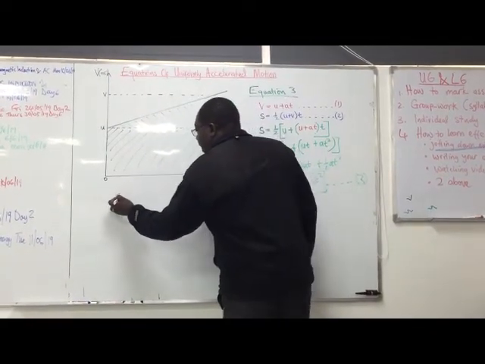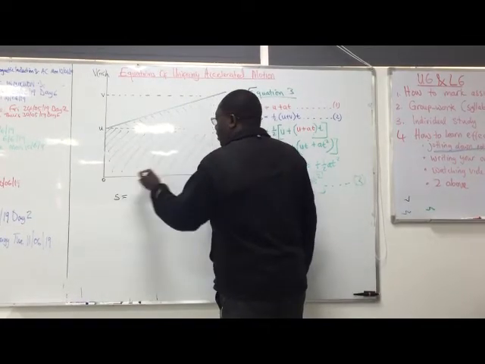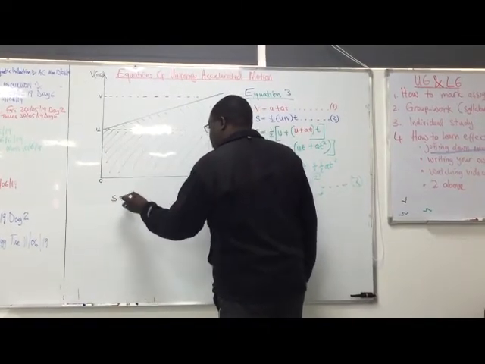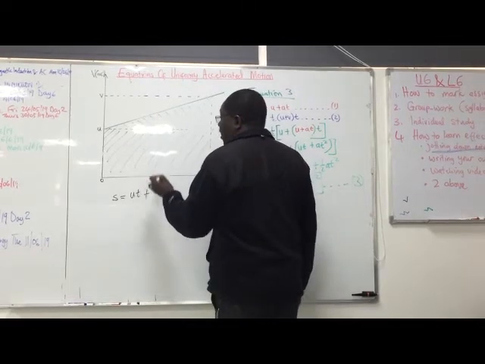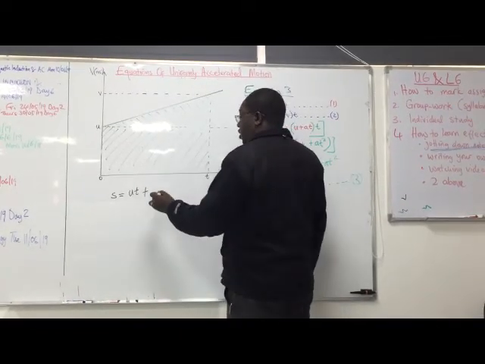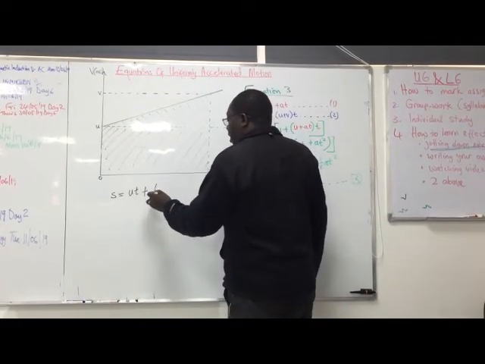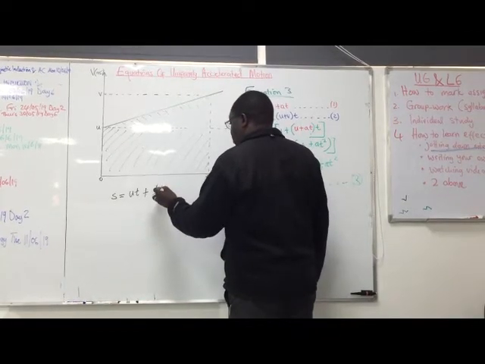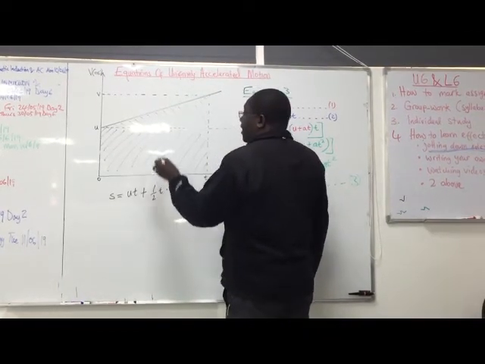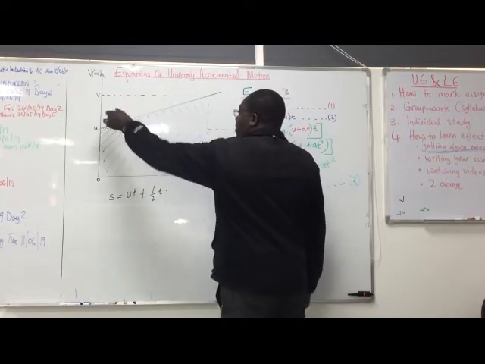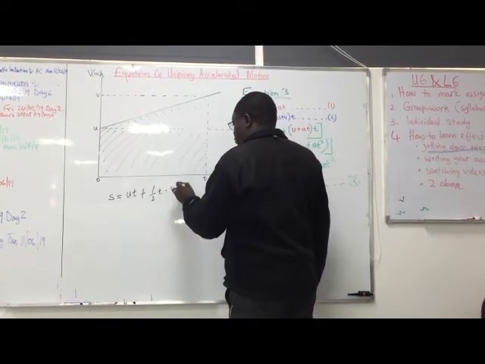So we then say s is equal to the area of the rectangle, which is u times t, plus the area of the triangle on top of it, which is half base times height. Half of the base is t multiplied by the height, which is v minus u in this case. So v minus u in brackets.